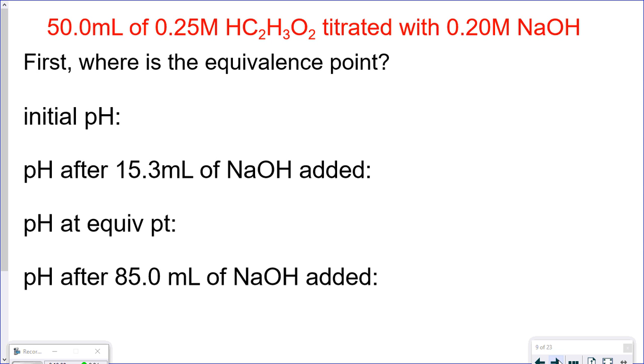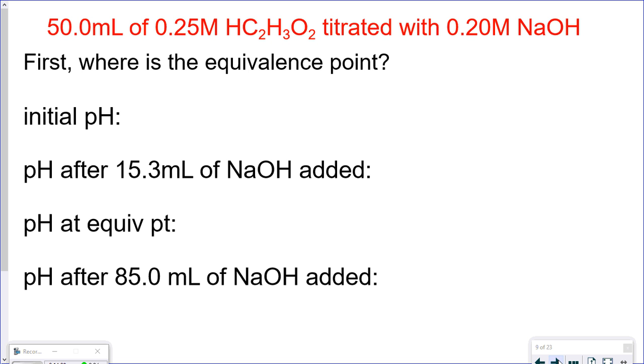Here is our sample problem, and we're only going to do the equivalence point on this slide, and then the other questions I've moved to other slides, so we can work through them together. So here we have 50 milliliters of a 0.25 molar acetic acid solution that is being titrated with 2 molar sodium hydroxide.